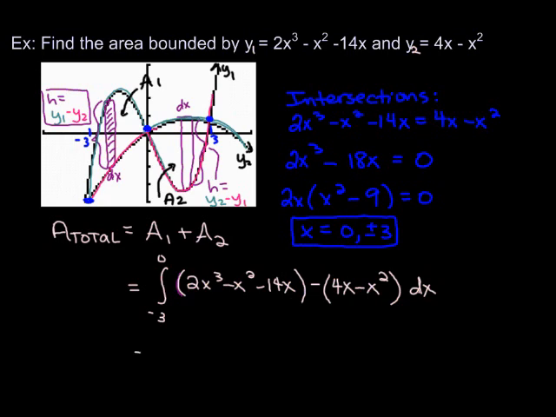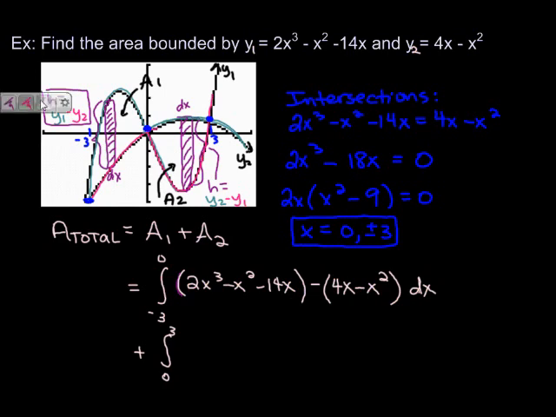Then we're going to add to that area 2, which had x values going from 0 to +3. In our picture, for our representative rectangle, our y top, the green, was y2 this time.